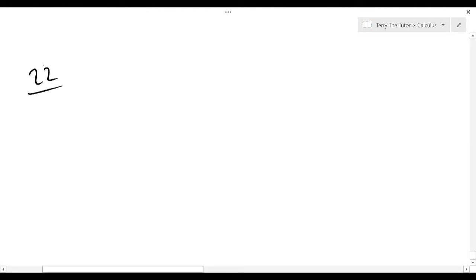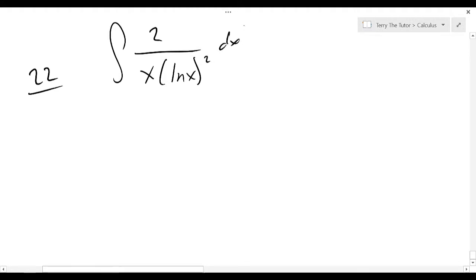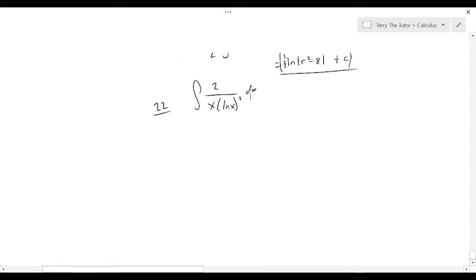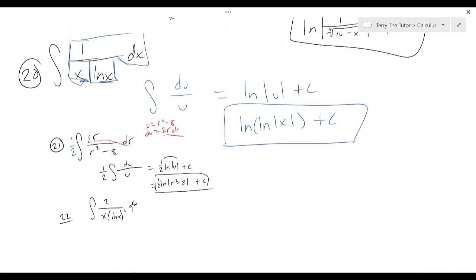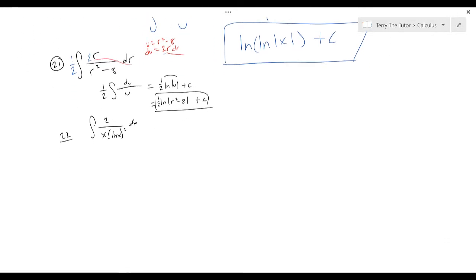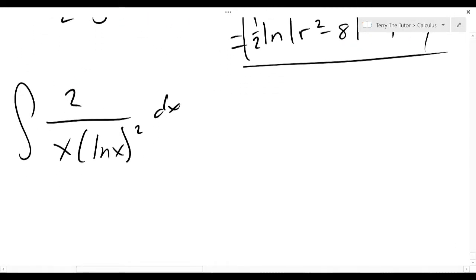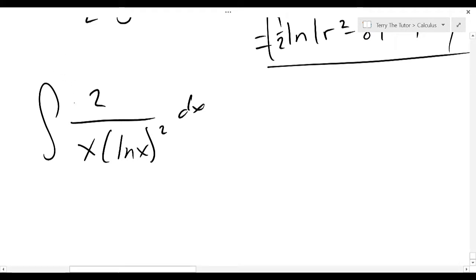22, we've got the integral of 2 over x ln of x squared dx. This is awfully similar to number 20, where we had 1 over x ln of x. So I'm going to try and mimic the technique over there. The first step is to pull the 2 out by the constant multiple rule.